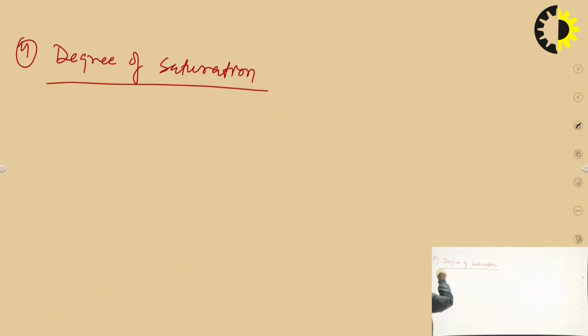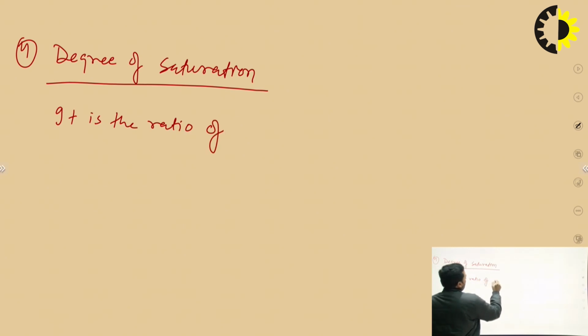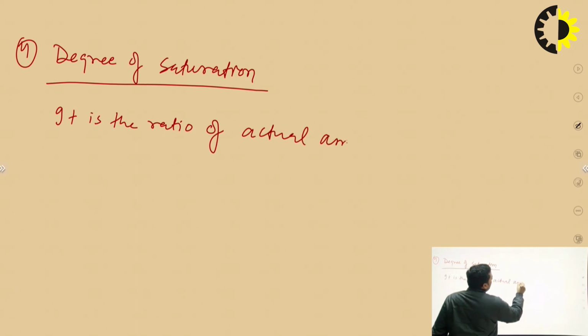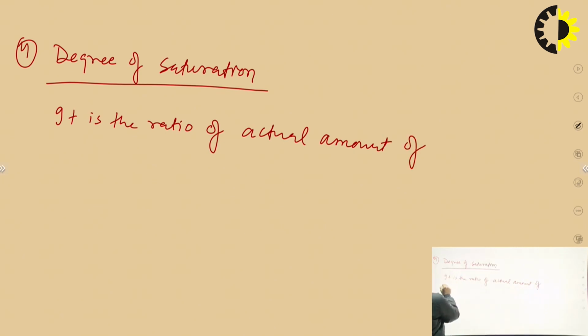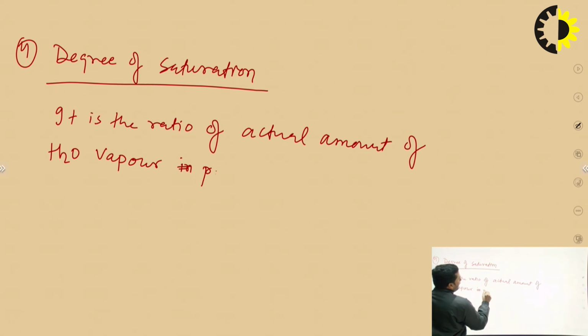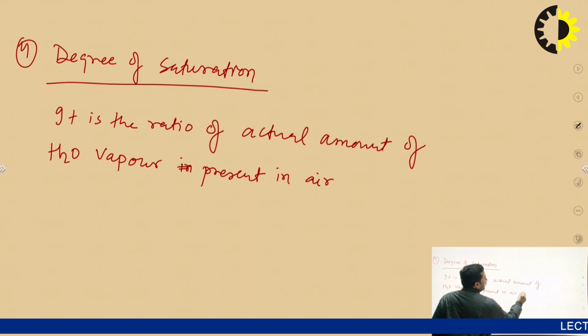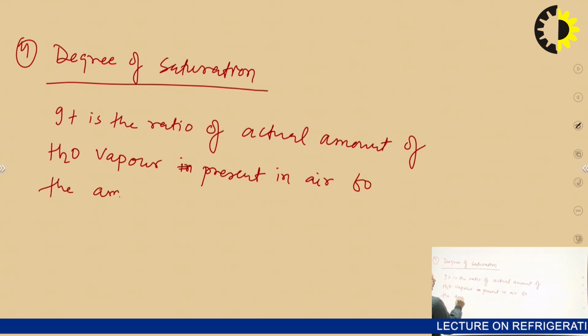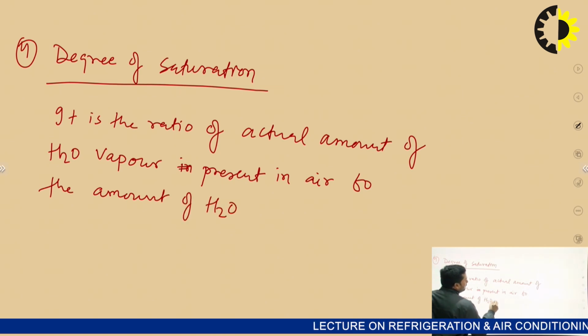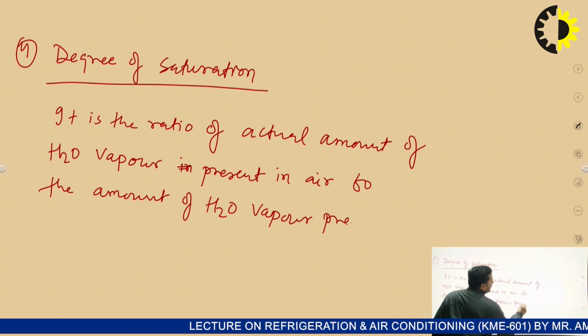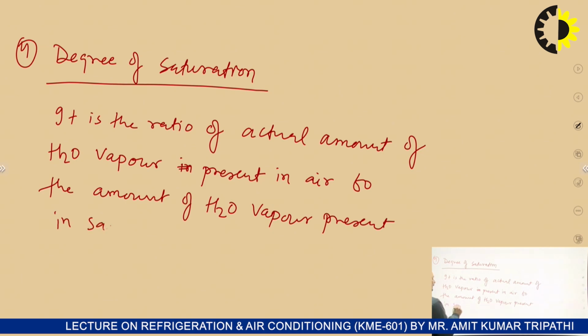Next, fourth is degree of saturation. It is the ratio of the actual amount of water vapor present in air to the amount of water vapor present in saturated condition.